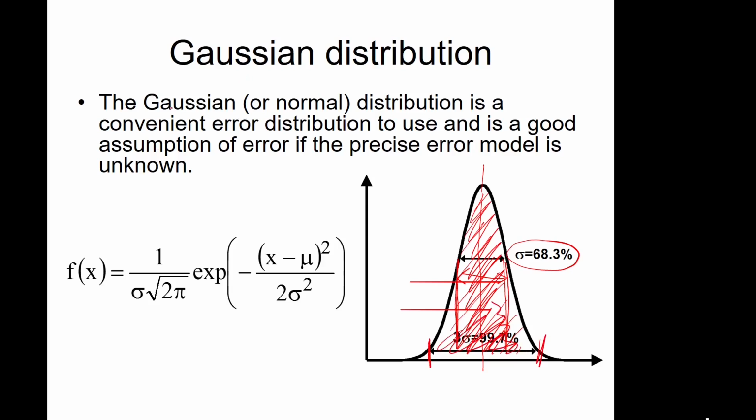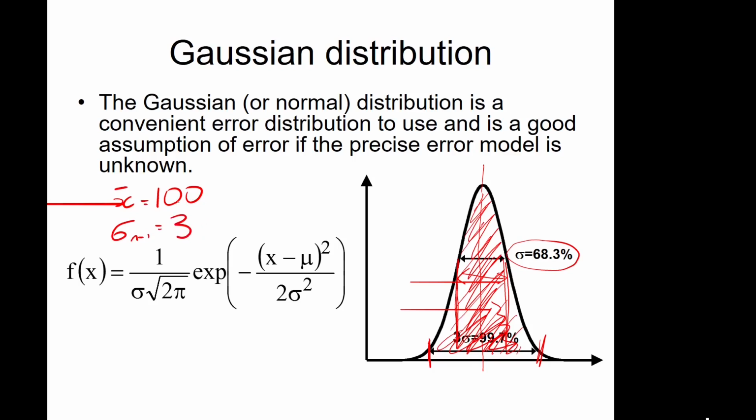First of all, if we measure something and say we've got an average of 100, that is our mean, and our standard deviation, sigma, is 3.